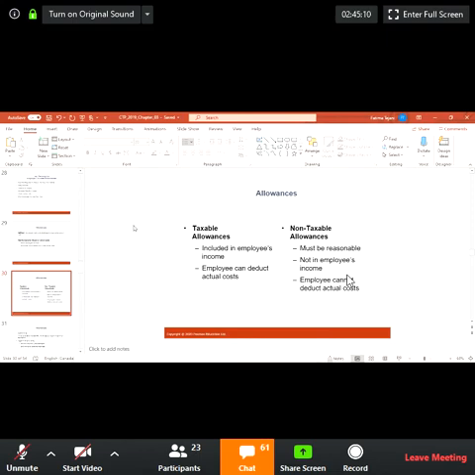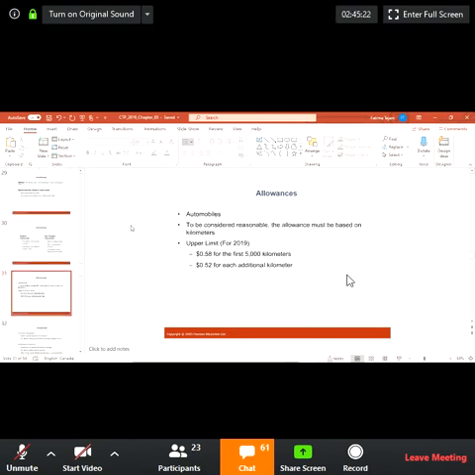Allowances can be taxable or not taxable. If it's not taxable, it has to be reasonable. As we said, automobile allowances which the employer gives to their employee are not added for tax purposes because they are considered reasonable.